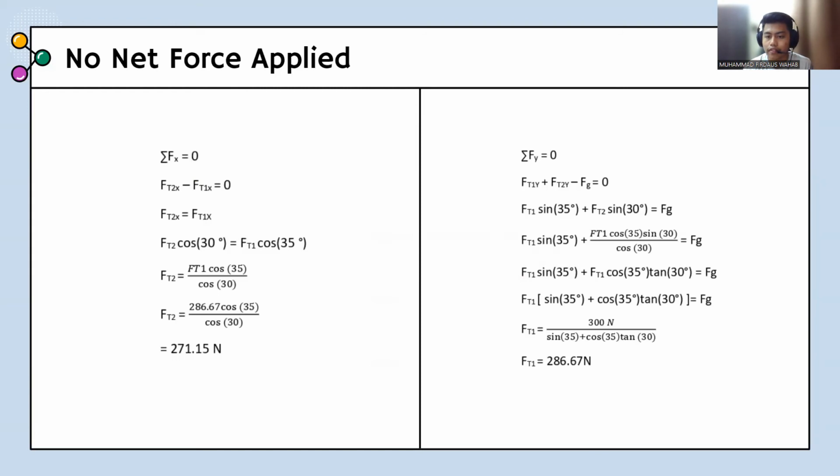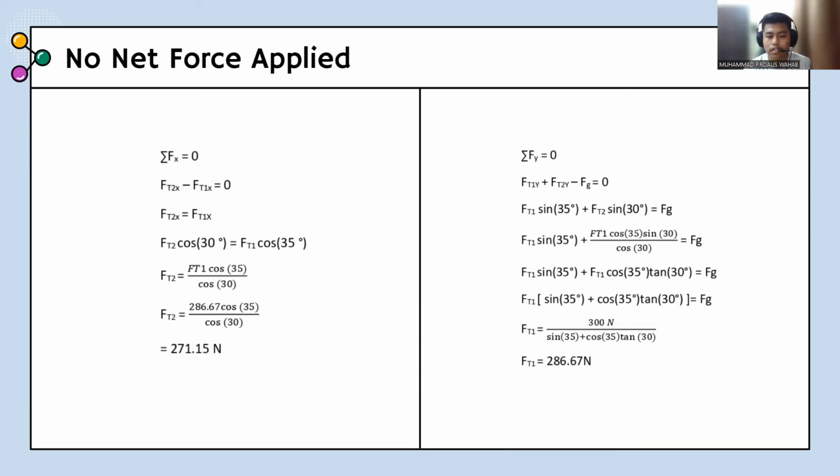minus gravity Fg is equal to 0. Ft1 sin 35 plus Ft2 sin 30 is equal to Fg. And then we substitute Ft2 as Ft1 cos 35 sin 30 over cos 30, and substitute the Fg value given as 300 Newton, and we get Ft1 equal to 286.67 Newton.